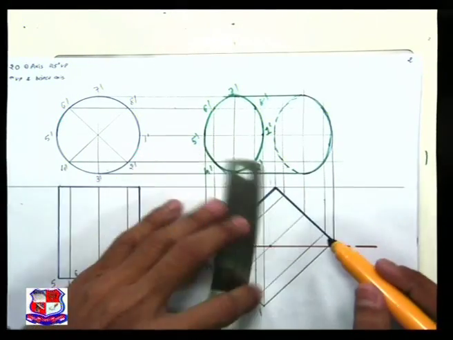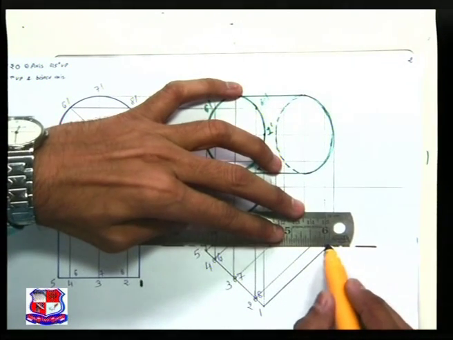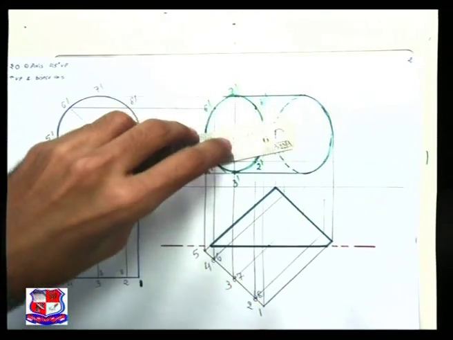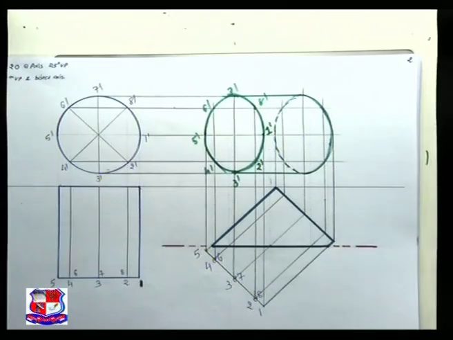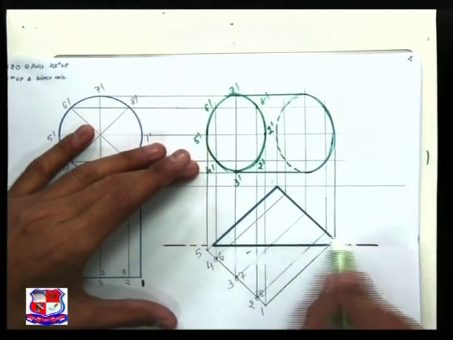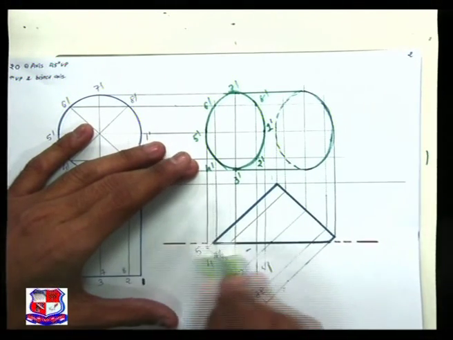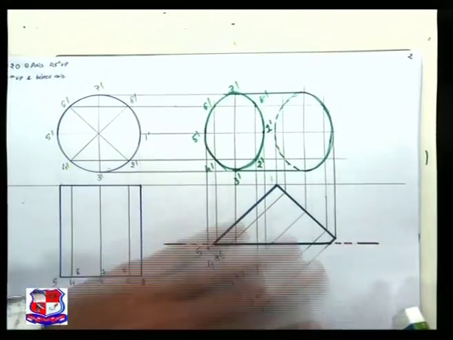This is retained with us, this one from here to here and from this end to this end, and this bottom one. This portion is the removed one. So you can erase it or make it much lighter to reduce the confusion.